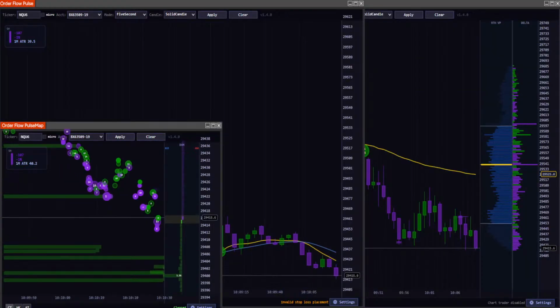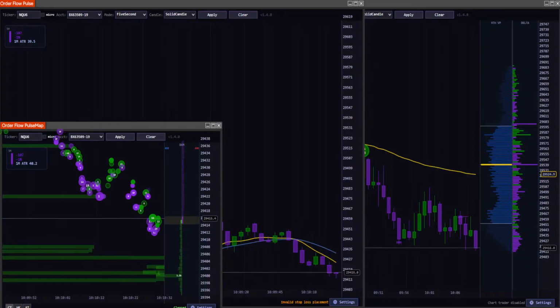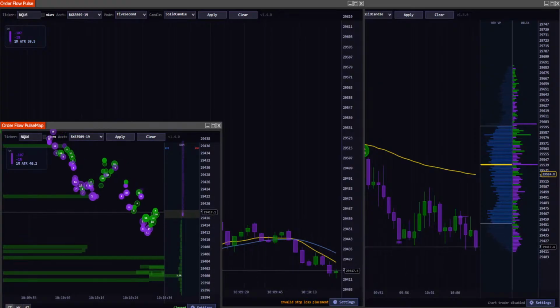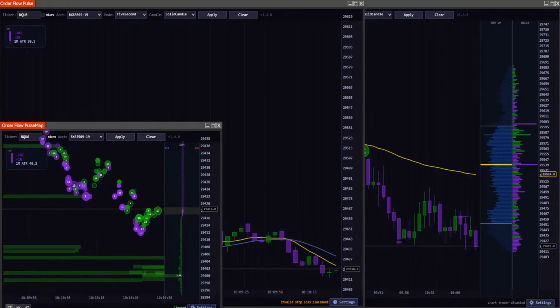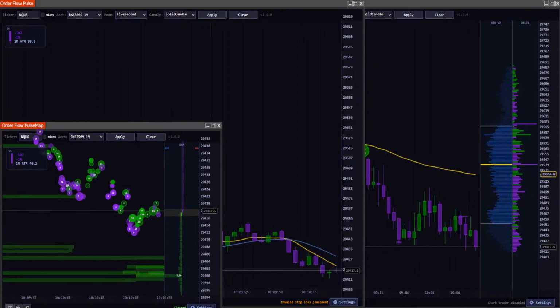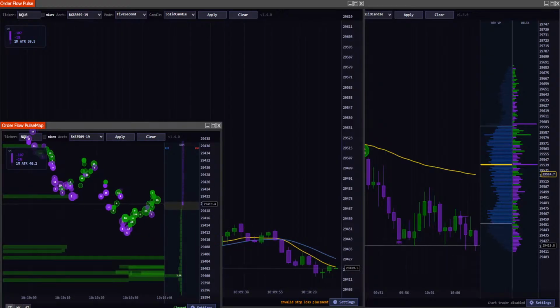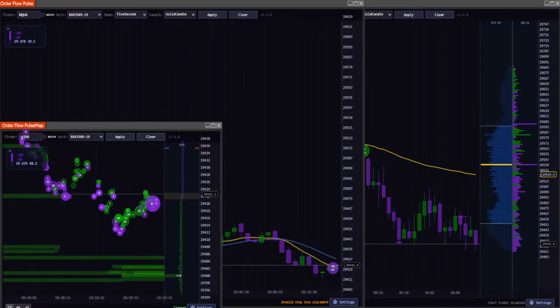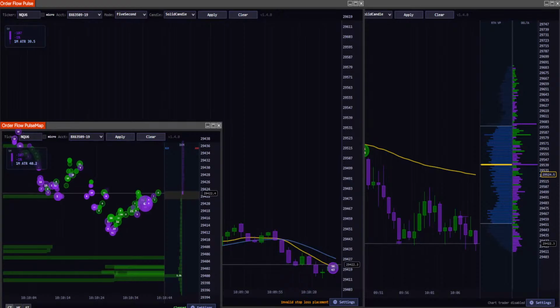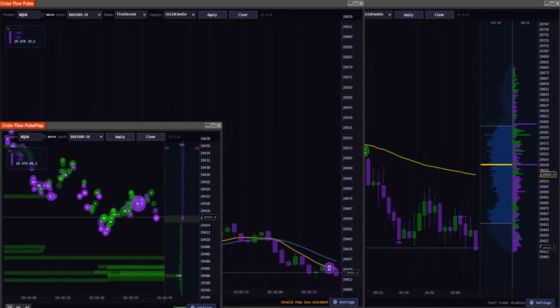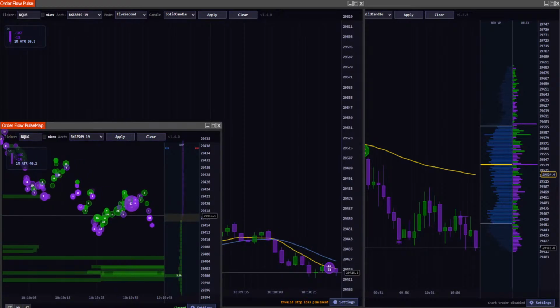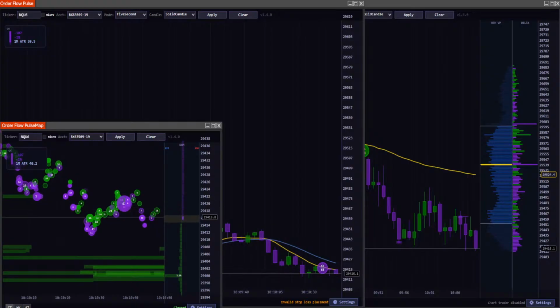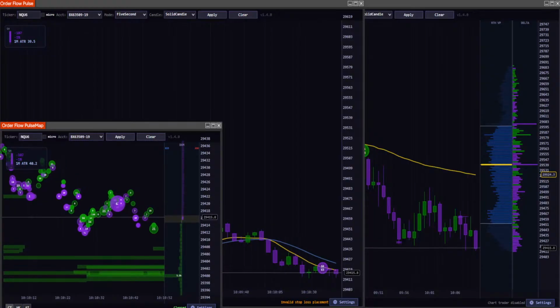If you're trying to catch the bottom, you're going to have to see some aggregated large buy volume. Not that 63 sell we just saw. You want to see aggregated buy volume in order to keep moving up.